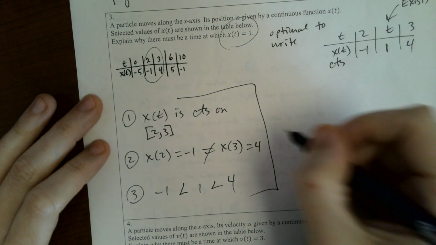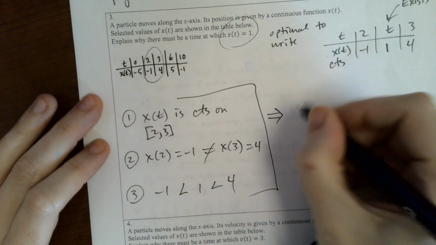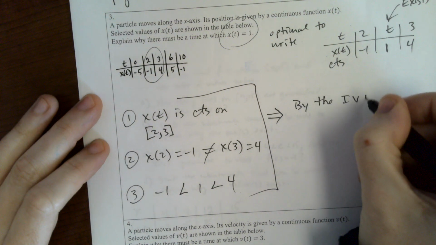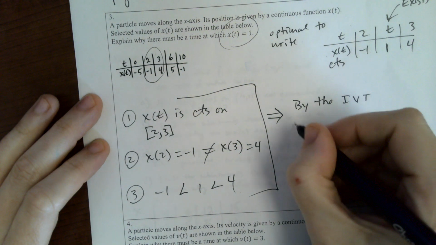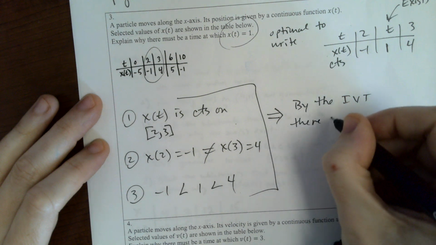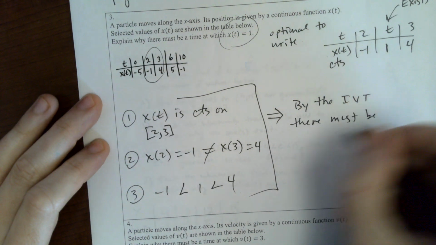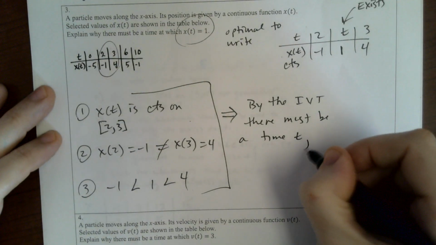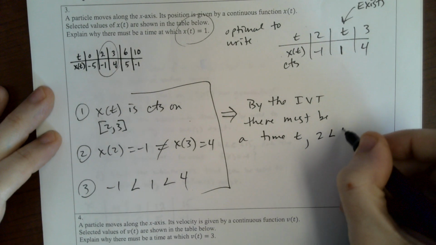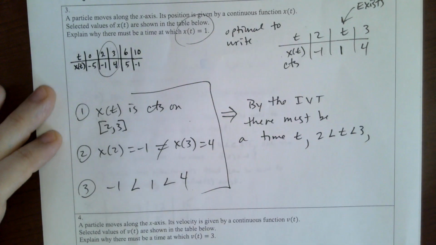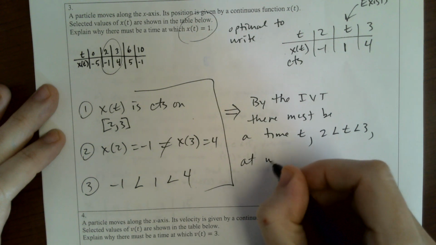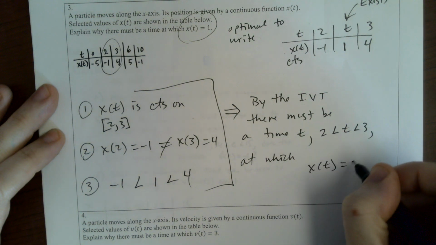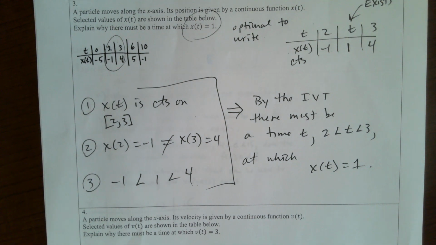So if I have those 3 conditions satisfied, then by the IVT, there must be a time t, 2 is less than t is less than 3, at which x of t equals 1.